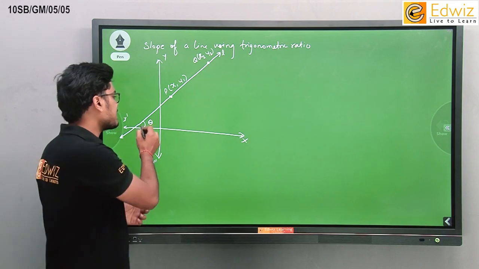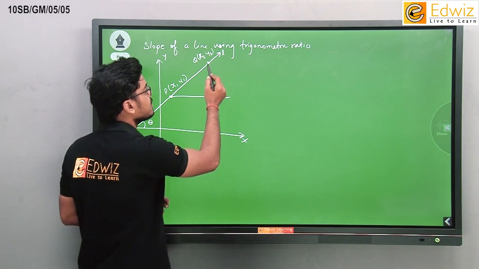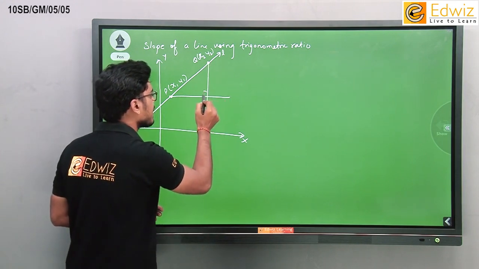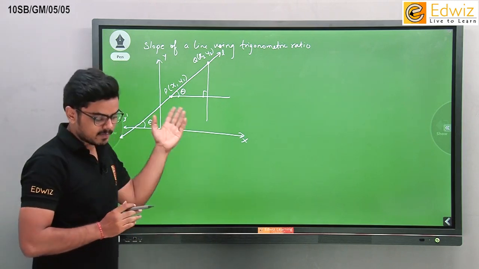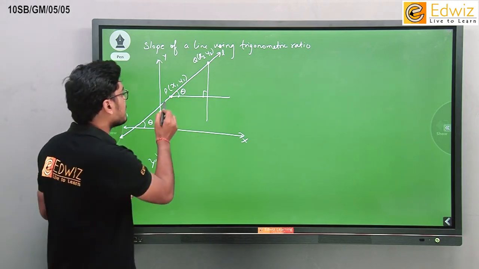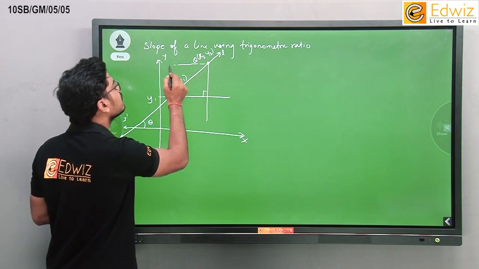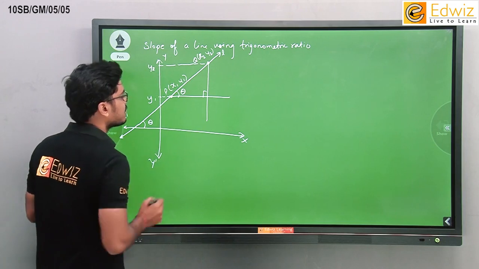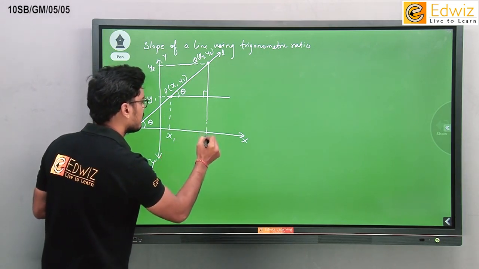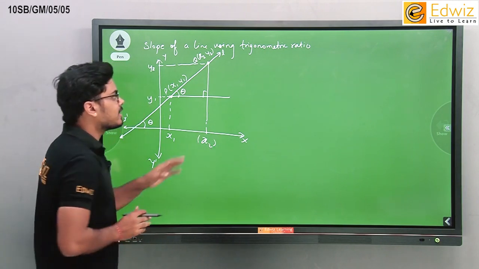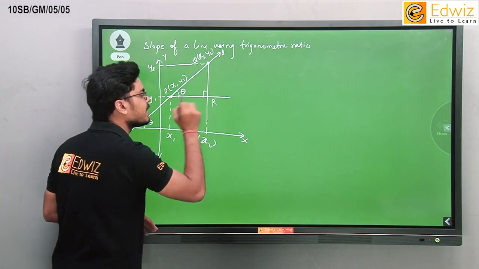If this angle is theta and I draw a line parallel to the x-axis, and this is the right angle triangle, this angle is also going to be theta. This is y1 and y2 here, this is x1 and this is x2. Now in this right angle triangle, this is point P, this is point Q. I'll assume this point to be R.